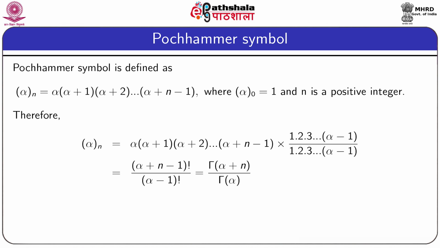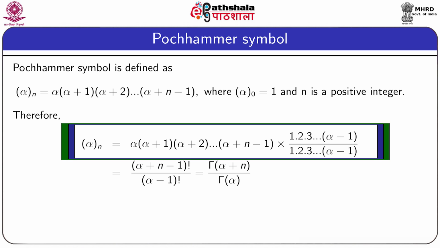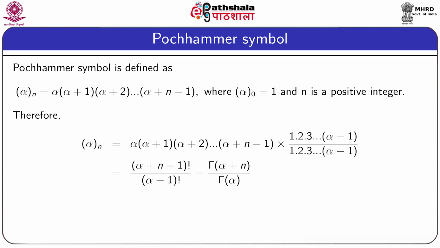So, this symbol alpha suffix n, which is equal to alpha into alpha plus 1 into alpha plus 2 dot dot dot alpha plus n minus 1, we multiply both numerator and denominator by 1.2.3 dot dot dot alpha minus 1.